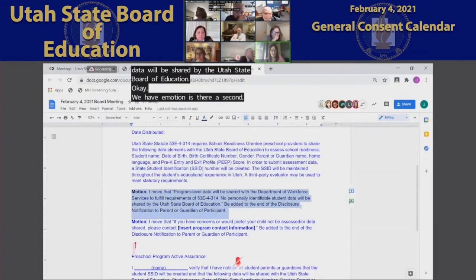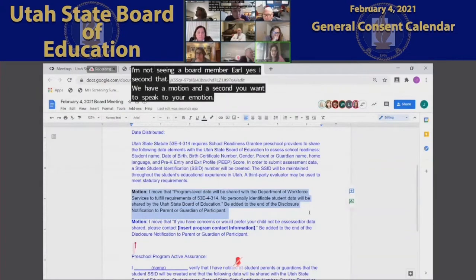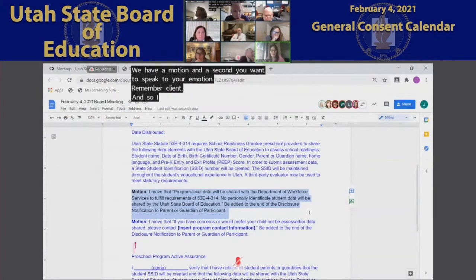I just made this motion so that we can make sure that there's transparency, that the parents realize when they register their child at the daycare or preschool that they will be put into this program where that information will be shared, so the parents know what data is being collected and who it's being shared with.